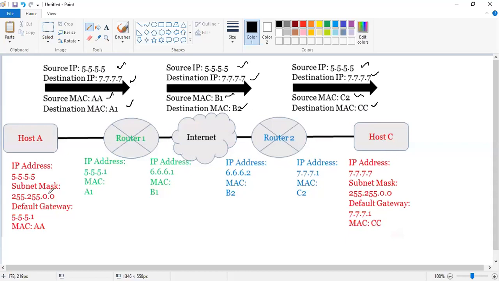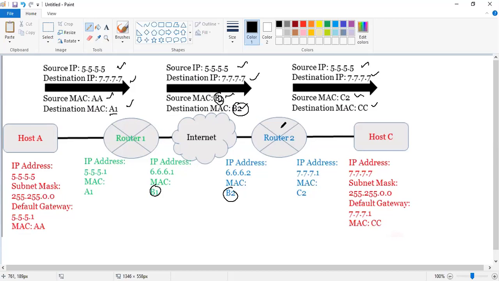At the beginning, the MAC address of the source is AA, and to reach A1, the destination is kept as A1. But then, to reach router 2, router 1 replaces the source MAC address and keeps the destination as B2, and forwards it to the next hop.